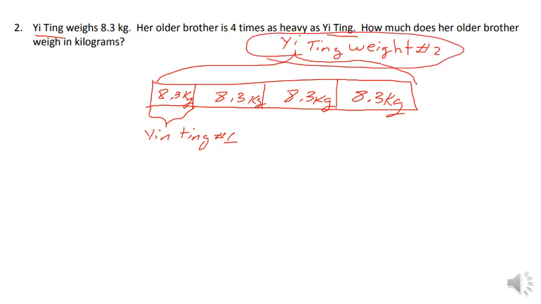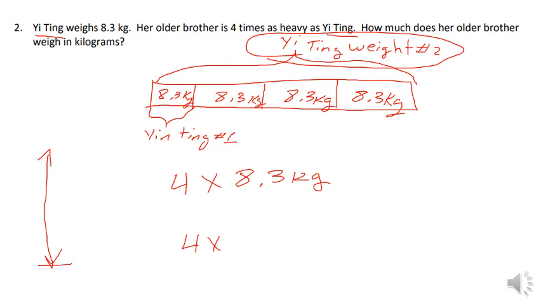All right. So now to write this down, we know we have 4 times 8 3/10 kilograms. Well, if we rounded this, let's round it, find out where it goes.